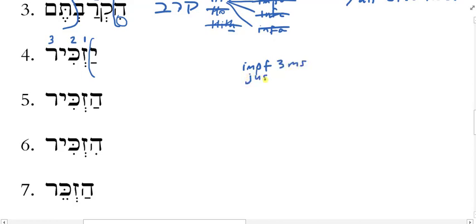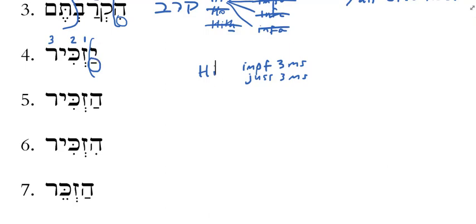Or possibly just 3ms, right? Those have prefix yods. Okay. What stem am I committed to with an A-class vowel under the yod? Hifil. Let me ask you, how many stems have an A-class vowel under the imperfect prefix? What's that? Just the hifil.